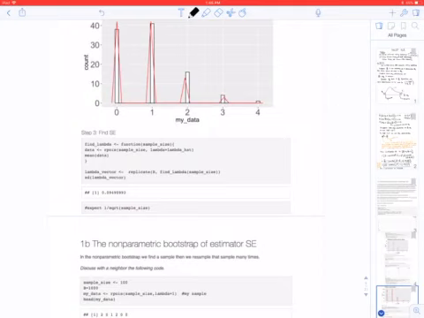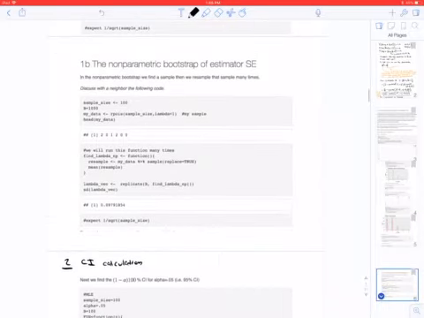So I'm going to repeatedly draw from my model, and then I'm just going to calculate the SD of this vector of means, and that is your SE. You can also calculate the SE using a non-parametric bootstrap, which is what you did in section yesterday, and that's more or less the same.